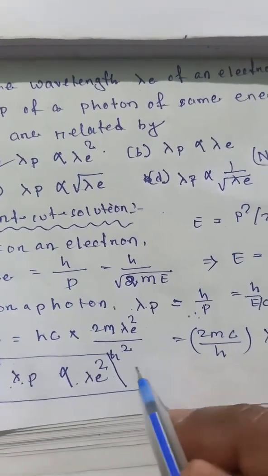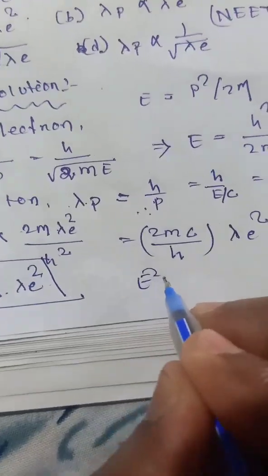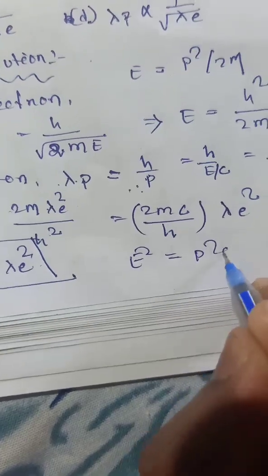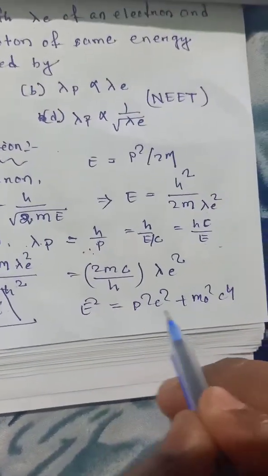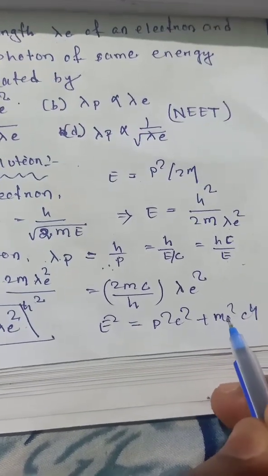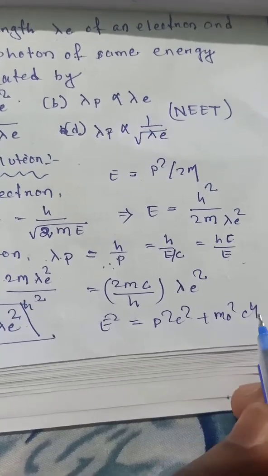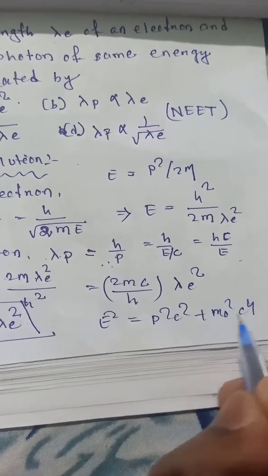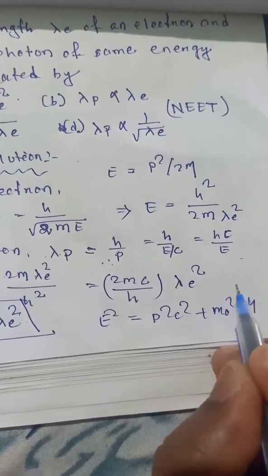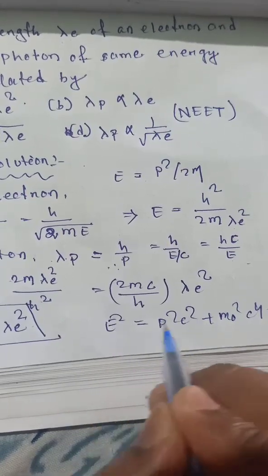So E squared is equal to p squared c squared plus m naught squared c to the fourth. For the photon, the rest mass is 0, that means the photon cannot exist at rest, so this part is 0, and E is equal to pc.